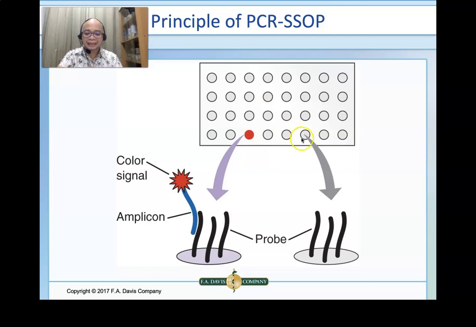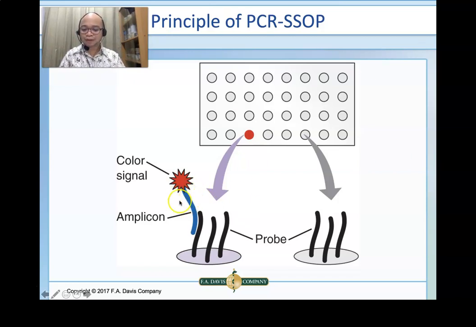Here, the patient DNA is amplified using primers labeled with either biotin or digoxigenin, actually labeled at the primer end. What is an amplicon? Amplicons are the amplified products.